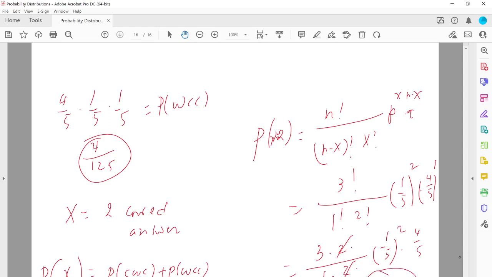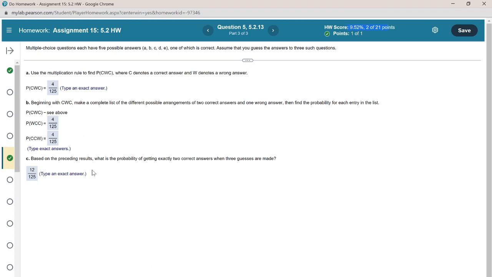That is the answer we got by the manual approach, by adding all 3 of them. So that is the binomial distribution for getting exactly 2 answers right.